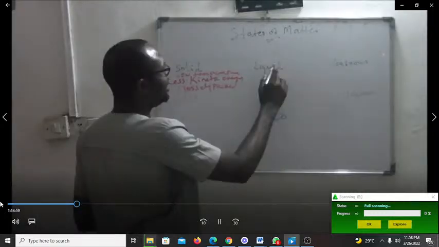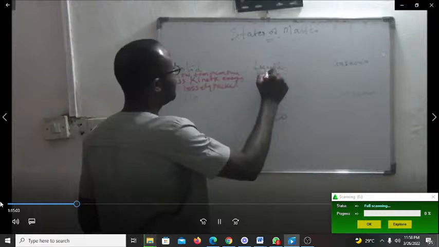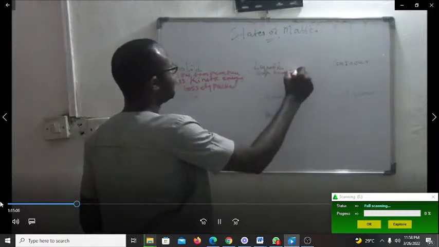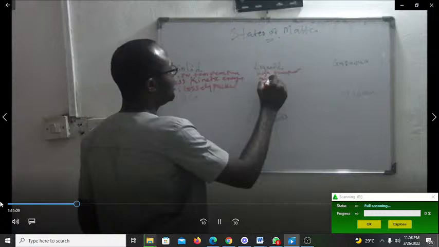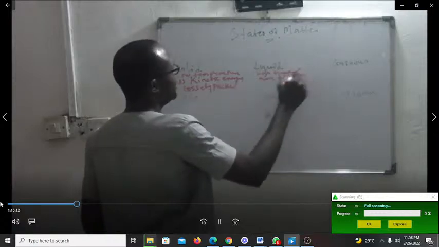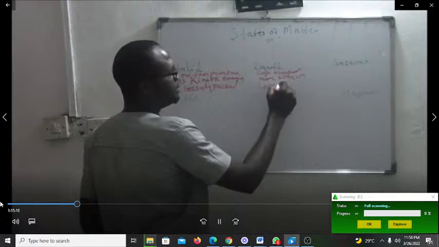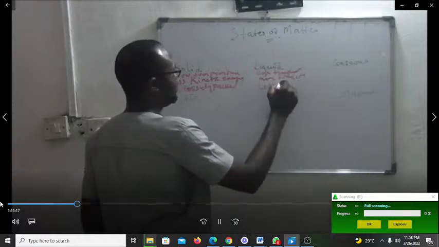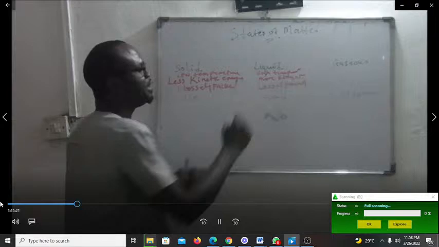Here in the liquid state we have high temperature, and there is more kinetic energy, and the particles are loose. They are a little bit loosely packed compared to the solid state.